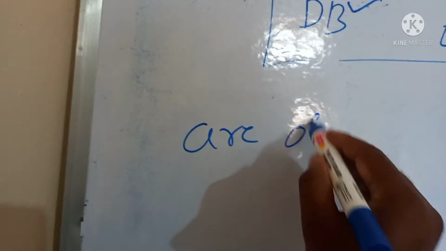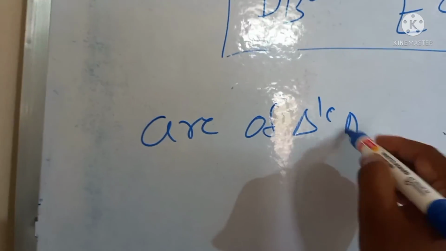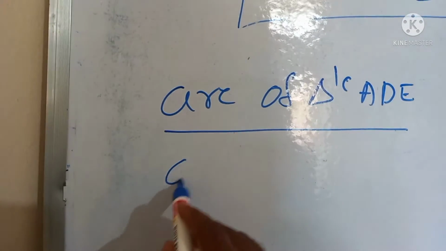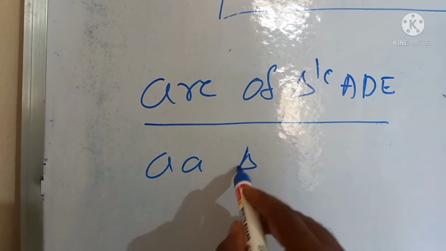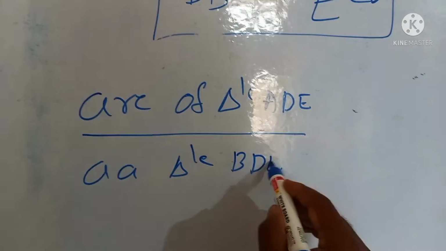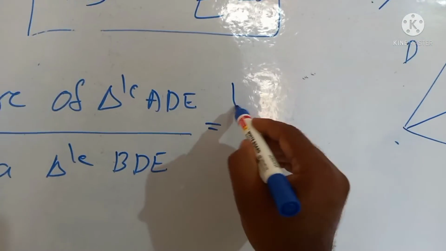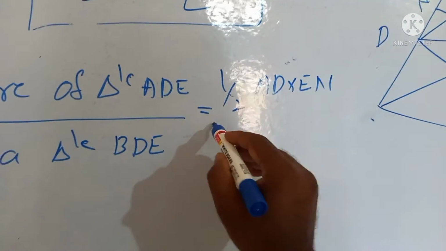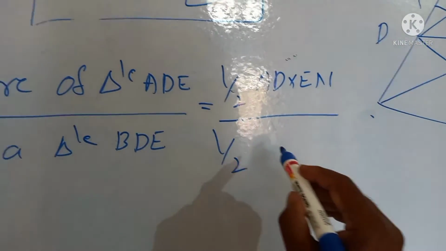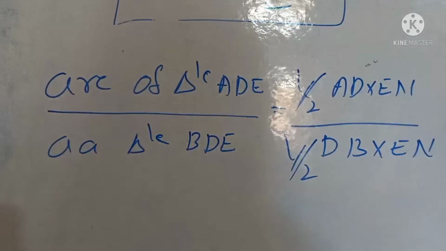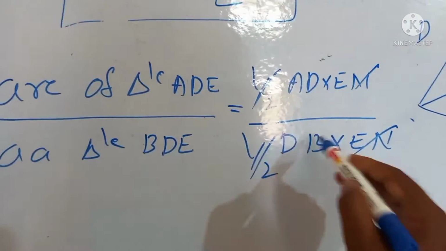Area of triangle ADE divided by area of triangle BDE is equal to half AD into EN divided by half DB into EN. The half gets cancelled, EN gets cancelled, AD by DB remains.